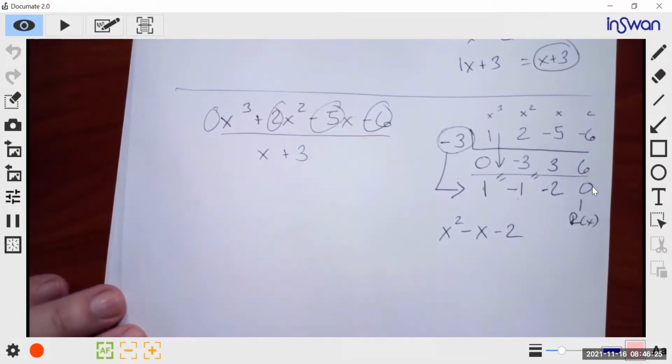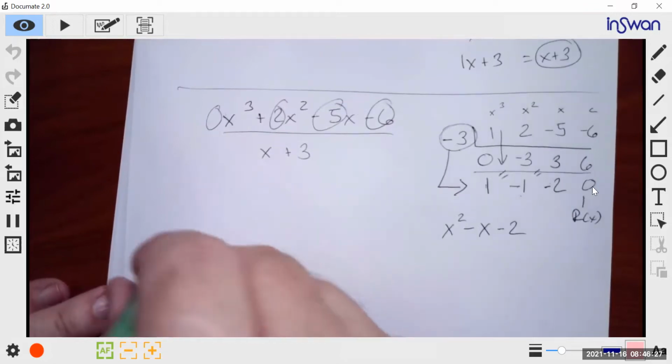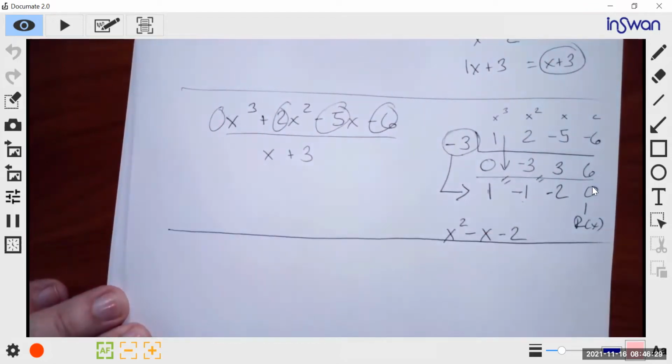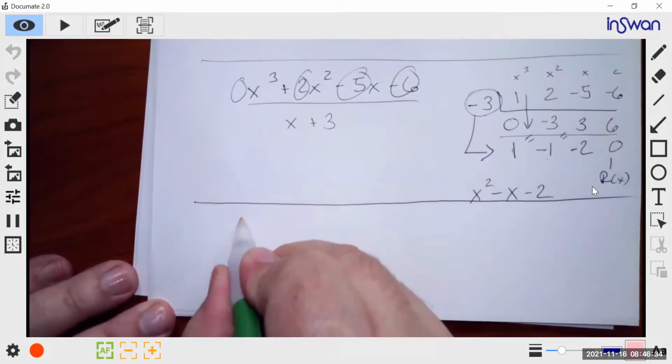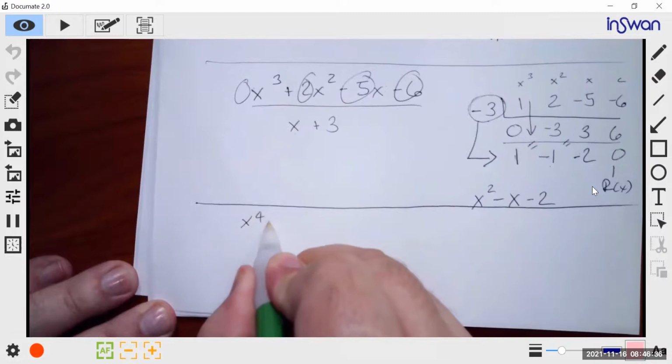Now, the beautiful thing about synthetic division, see all the space I have left? That's all I need.